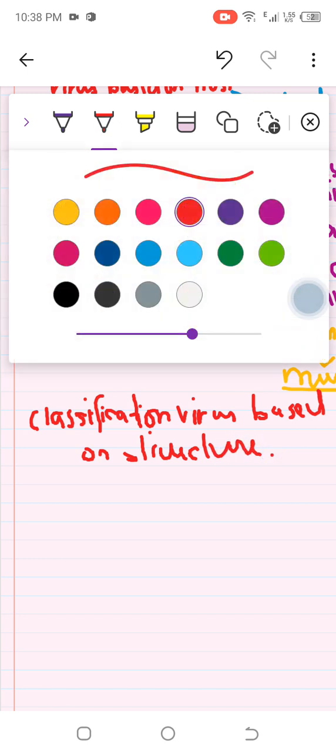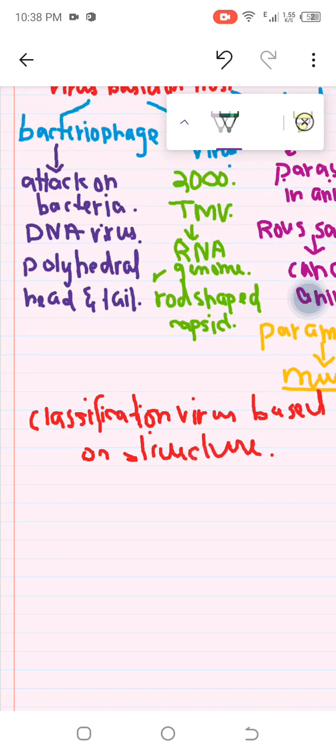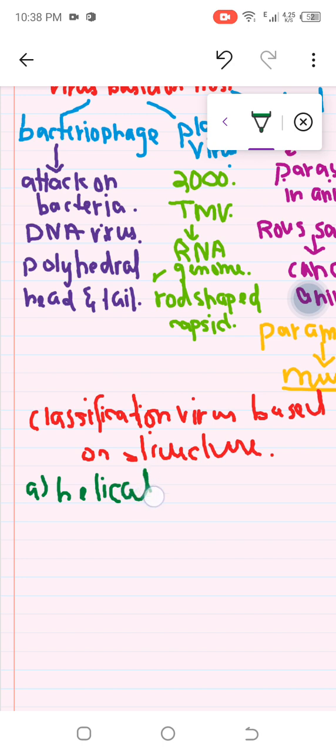First we have helical. Helical capsid, because you know that the capsid is the arrangement of capsomeres forming the shape structure.